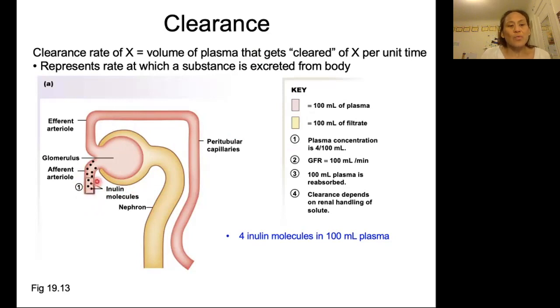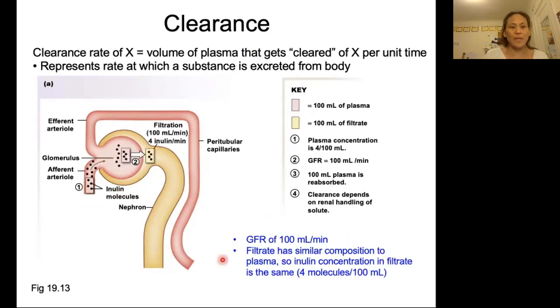And we're going to follow this 100 milliliters and see what happens to it as it moves through the kidney. All right, so we're starting with our 4 inulin molecules in 100 milliliters of plasma.